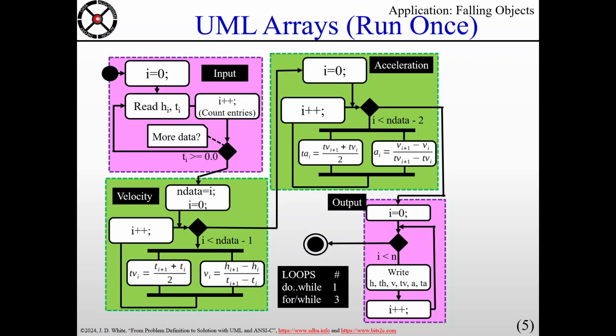So we would need to use a while loop or a do while loop. After that, for velocity, acceleration, and output, we can use for loops. Okay, so our program will have 4 loops: one do while, and three for loops, along with arrays to store the data.